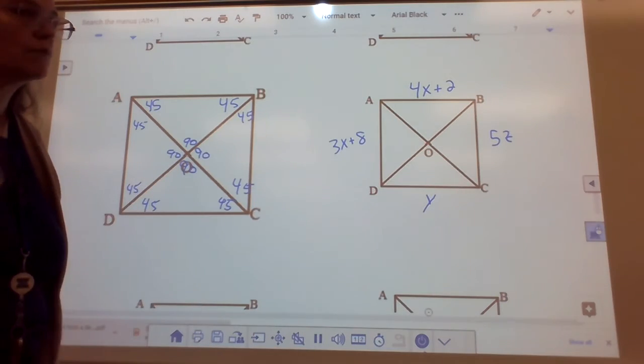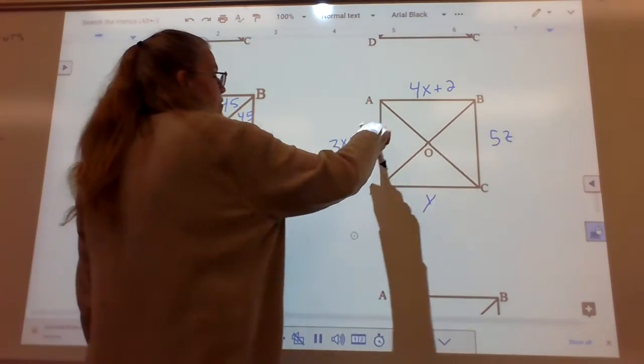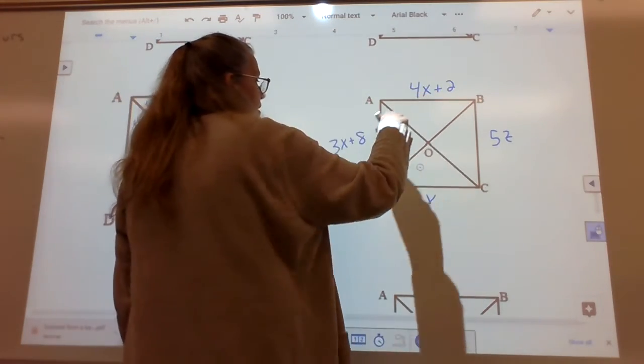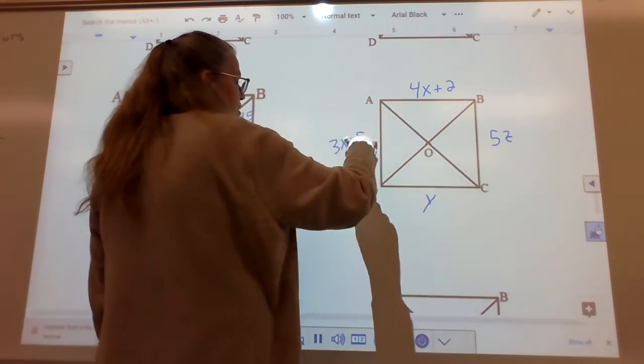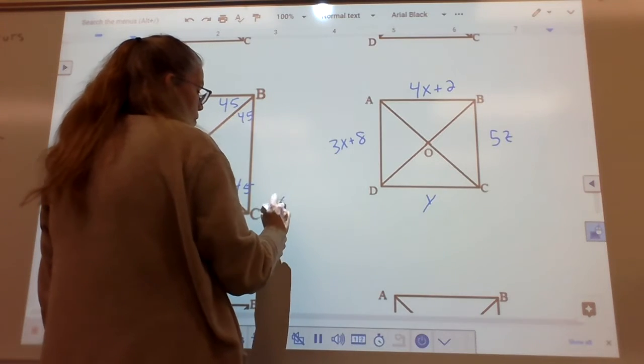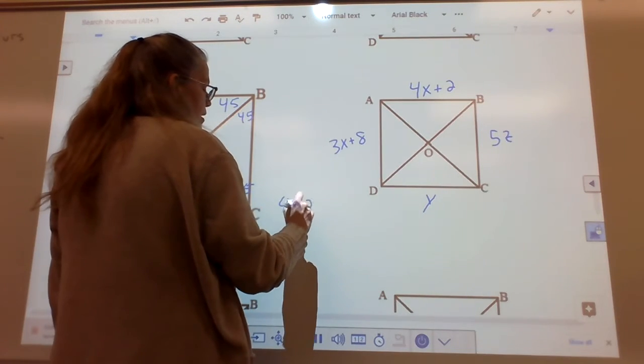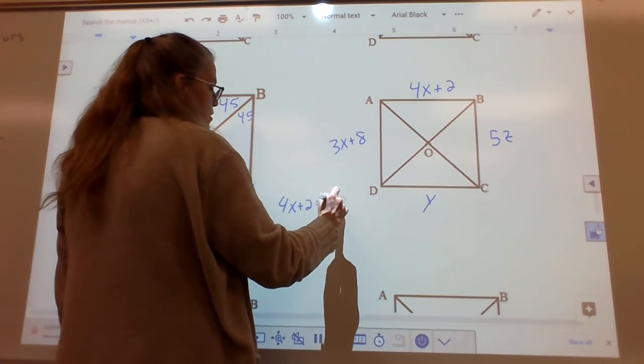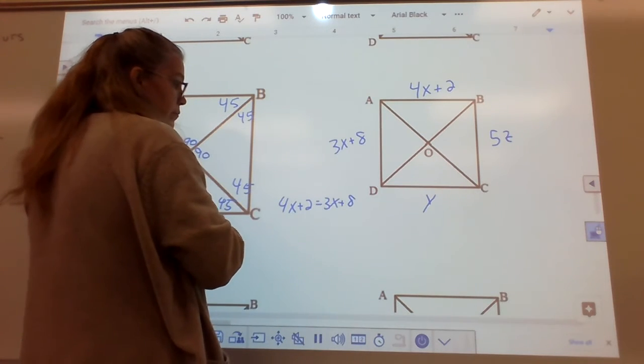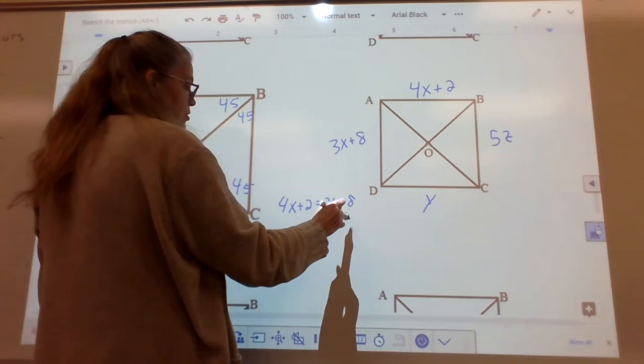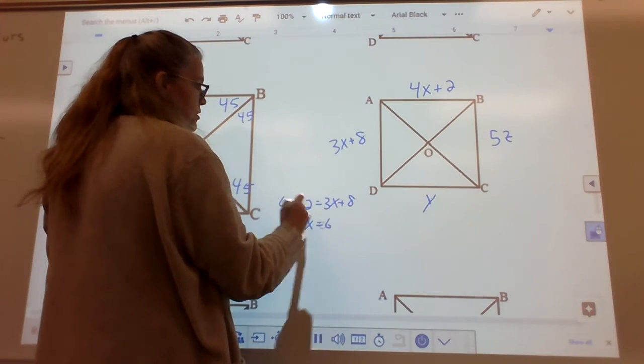I didn't give you any numbers, but I did give you two sides that have an x. So I can set these two sides equal. 4x plus 2 equals 3x plus 8. Subtract, subtract, x equals 6.